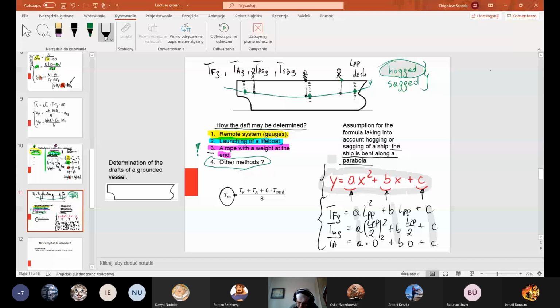The green water line, of course, is in the reference system related to the ship.